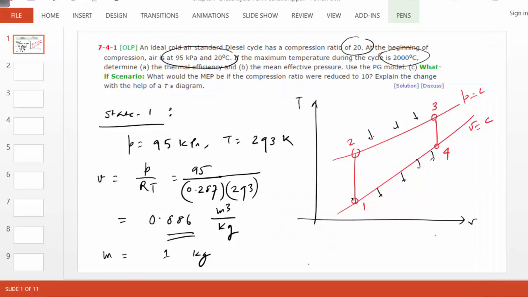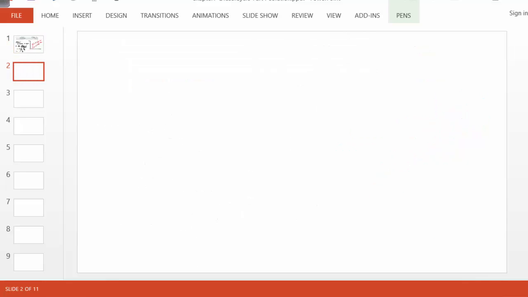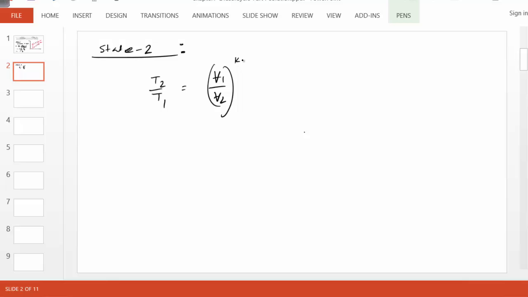Okay, from 1 to 2, entropy remains constant, so we can use the isentropic equation. So state 2: we know mass is the same and entropy is the same. Therefore, T2 over T1 equals V1 over V2 to the k minus 1.